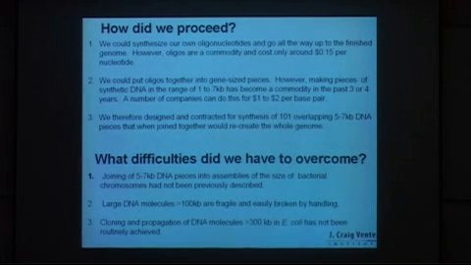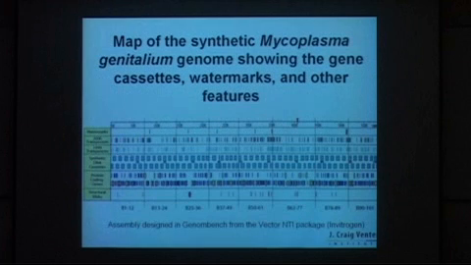So I think one of Craig's big insights in this is that we should just order the cassettes from commercial firms, and we got them from several companies, including GeneArt, who's here, and Blue Heron actually made most of them. DNA 2.0 made some. And as I said, the difficulties lay in assembling these things.